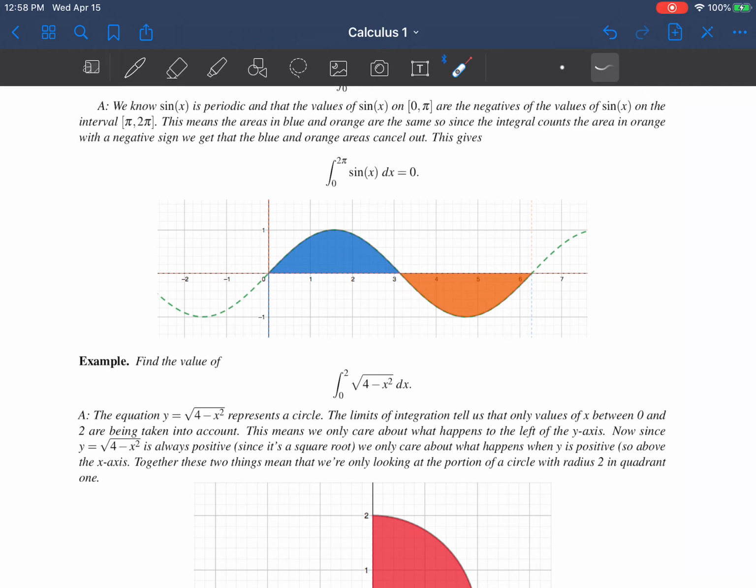The way that we're going to compute this is that we know something about sine, right? Sine is periodic. It repeats the same values over and over again. So the values of sine between 0 and pi, in this little area, are actually the same as the values of sine between pi and 2 pi, except we have to multiply them by a negative, right?